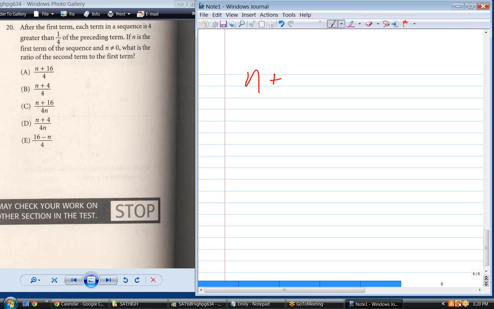So don't just go with your feeling. Well, if it's n, what's the next term? The next term is 4 times, no, 1/4 n. No. It's 4 greater than 1/4 n. Oh, then it's 1/4 n plus 4. Yeah. So it's B. It's n plus 4 over 4.